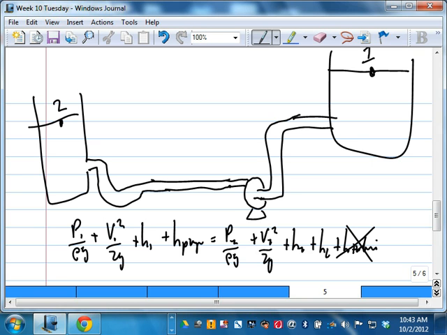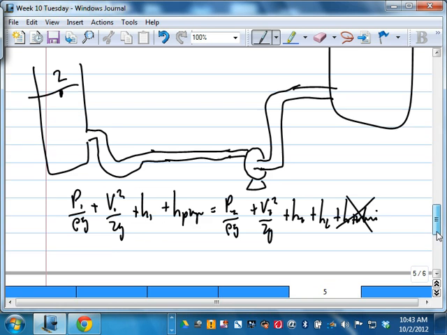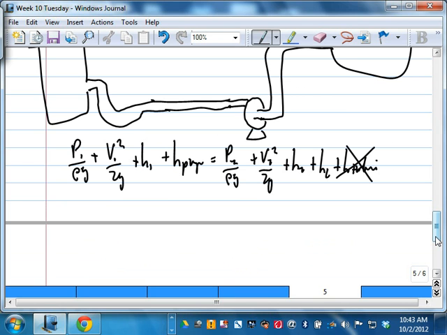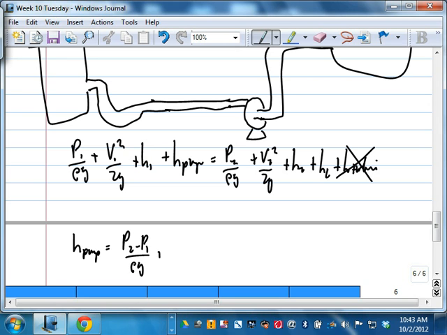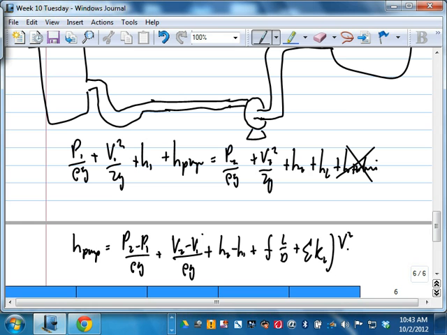So, what I'm going to do, like what I did earlier, I rearrange. H pump is equal to P2 minus P1 on rho G plus V2 squared minus V1 squared on 2G plus H2 minus H1 plus this head loss, which is F L on D plus sum of K, V squared on 2G.